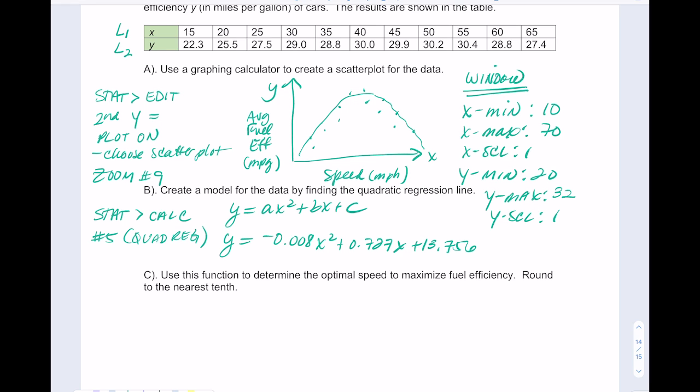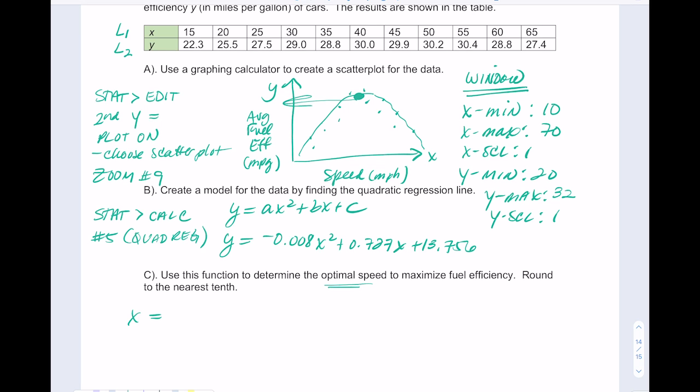And we're going to use that function to determine the optimal speed. So there's that optimization. We want to maximize fuel efficiency. So how fast do we want to go to be able to get the most fuel for our money? We're going to take our function and find, again, speed is x. So I'm looking for x, and it would be the x value of the vertex that would maximize the fuel efficiency.